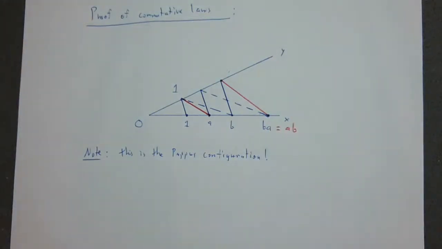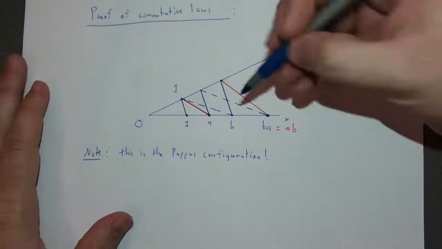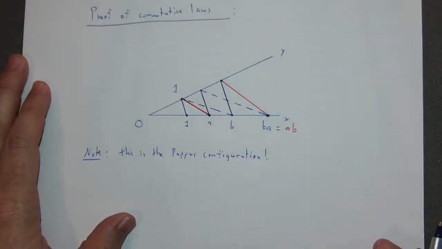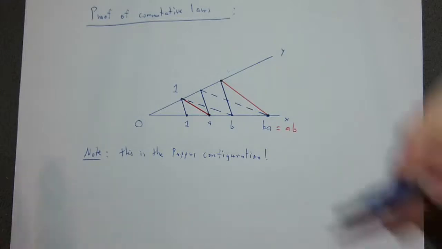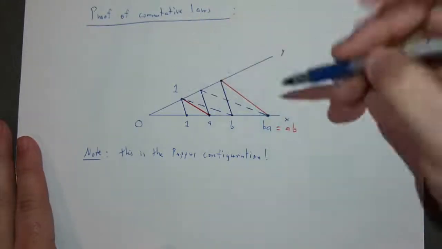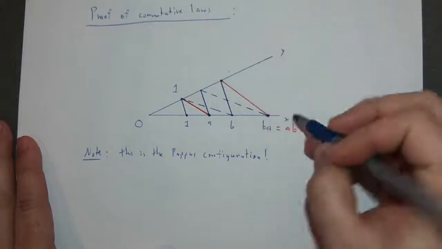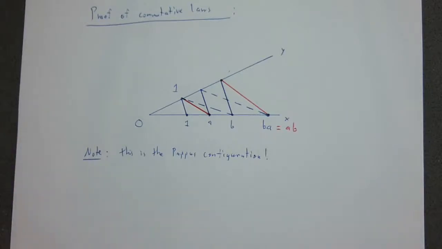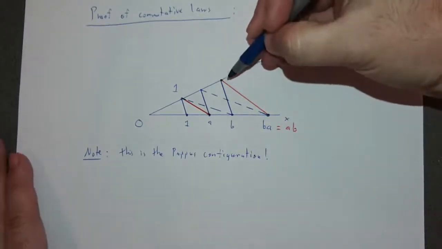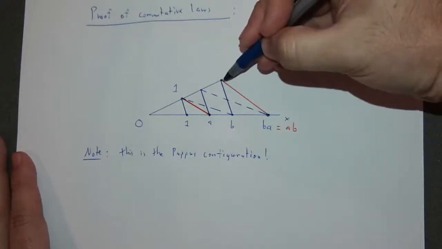And when we have the Pappus configuration in front of us, the result of having it is that these two lines that I've drawn in red here are parallel. They're guaranteed to be parallel. So it is the opposite thing. If I draw in these lines in a way such that these points match up, then those lines are guaranteed to be parallel. And so this is like the reverse direction. Constructing A times B on this diagram, I drew this line to be parallel.